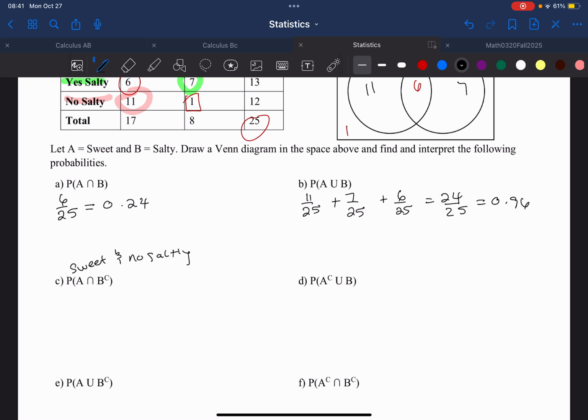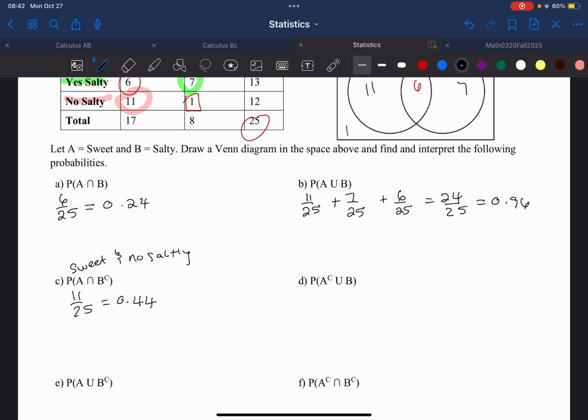So they like sweet and no salty, which means only sweet. That would be 11 out of 25, which is 0.44. So the probability that students in class like sweet but not salty would be 44%.